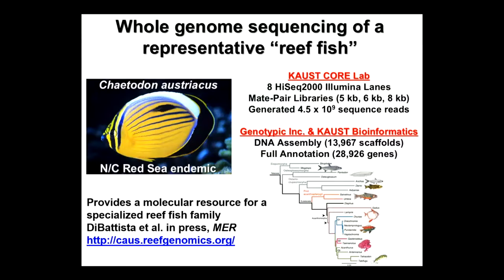In the end, we did most of the sequencing at KAUST. We outsourced bioinformatics to a private company, and they were able to filter the data, assemble the data, and then annotate it up to about 29,000 genes using the few available fish genomes that are out there, things like Takifugu or the zebrafish, which is used as a biomedical model. We're now starting to map some of our SNP loci from all the different butterflyfish back to this genome, so we're using it as a resource.